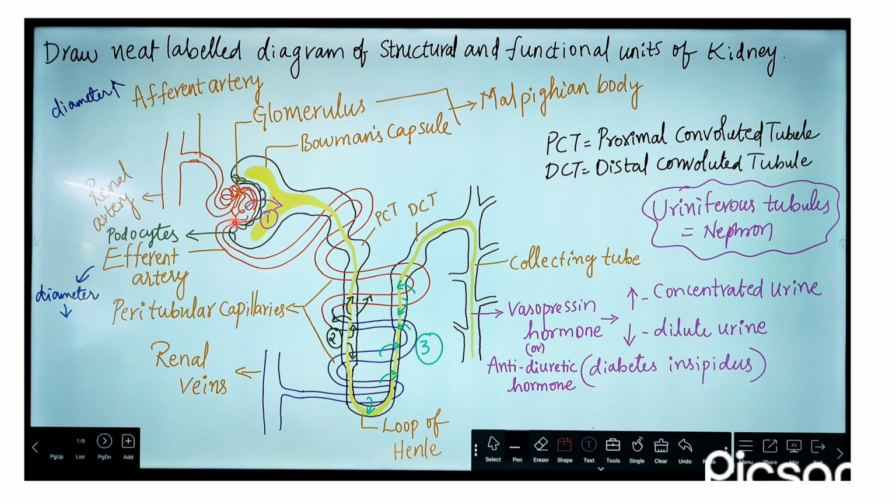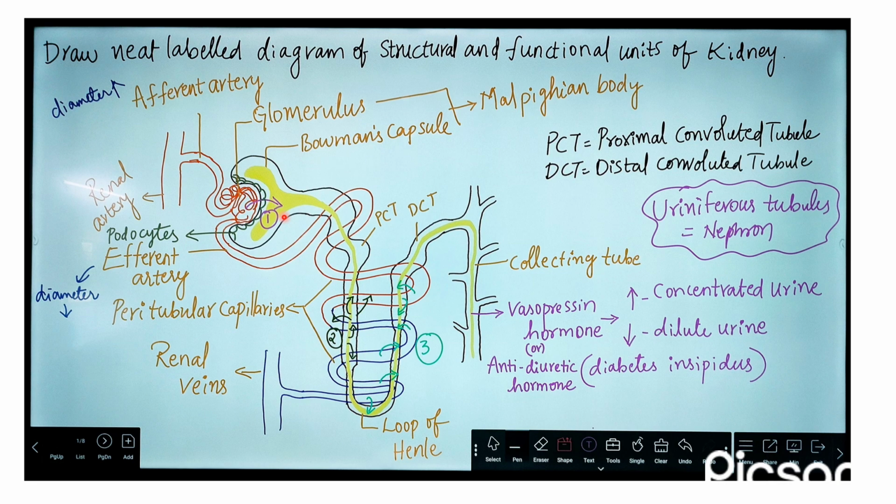Due to this pressure, light particles can easily squeeze out of the blood vessel and enter the Bowman's capsule. That means the blood is getting filtered in the glomerulus and the filtered materials are going into the Bowman's capsule.